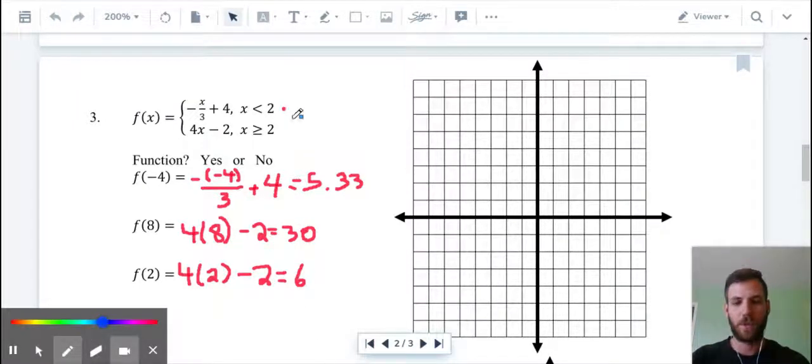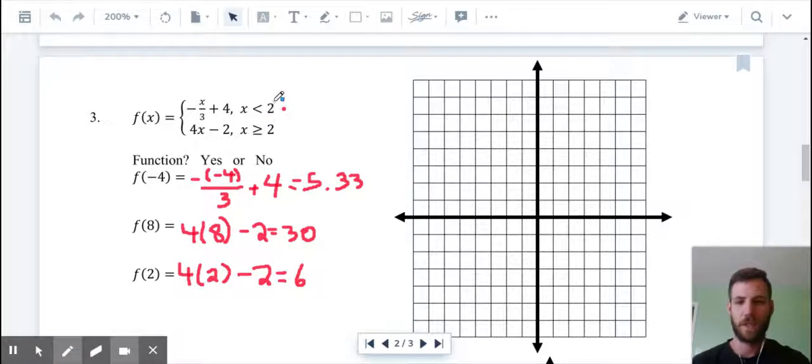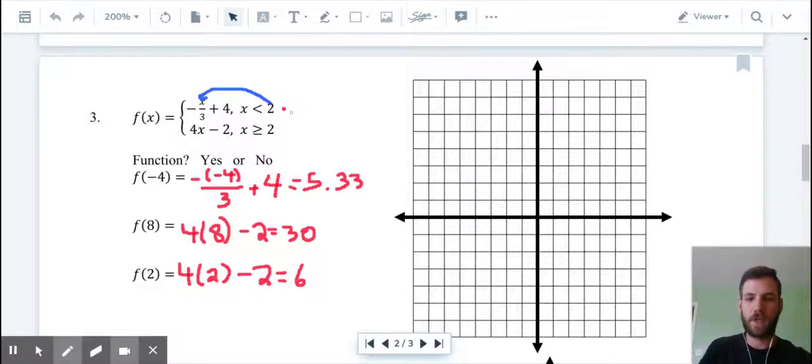And we want to start with our border numbers first. So since I have a 2 here, I'm going to put a 2 into this x right here and do negative 2/3 plus 4. Negative 2/3 plus 4 is going to be equal to 3.33.